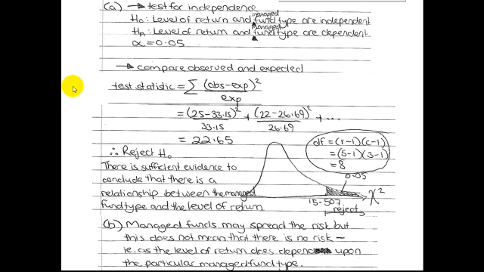So you do that subtraction, square it, divide by the expected of 33.15. Then the next comparison, 22 to 26.69. So you do the subtraction, square it, divide by the expected. You do that for every observed and expected combination, and then you can add them all up.